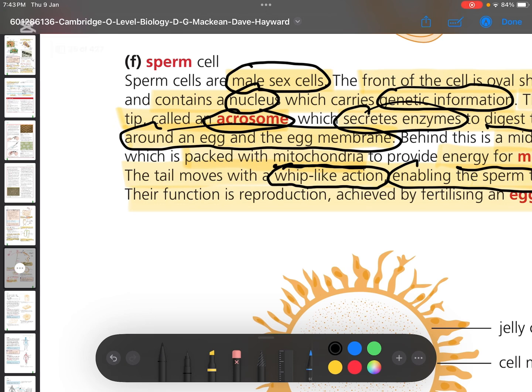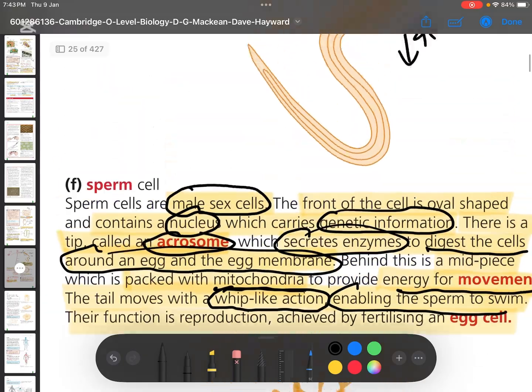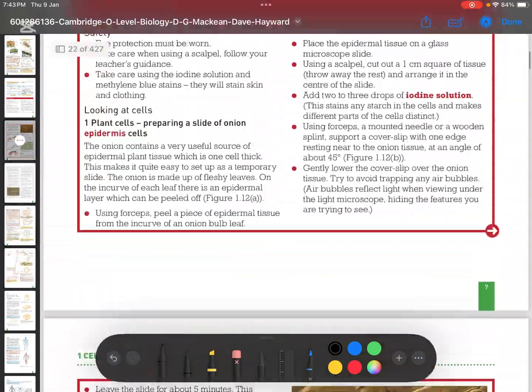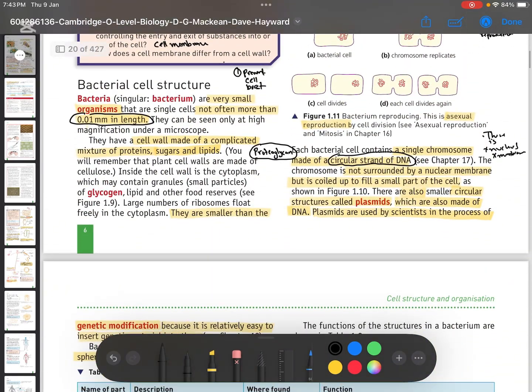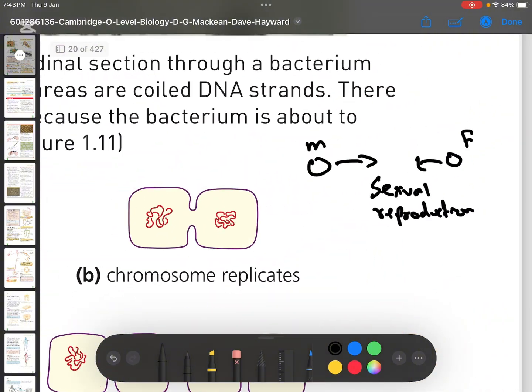Their function is reproduction achieved by fertilization of the egg. As we discussed earlier, the bacterial cell performs asexual reproduction, whereas the animal and plant cells perform sexual reproduction. And I discussed for sexual reproduction you need a mother gamete and you need a father's gamete.